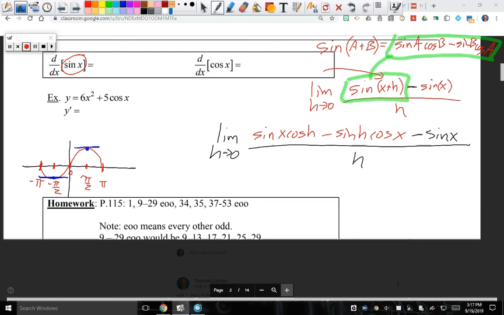So what I'm about to do is graph, on top of this, the locations of the derivative values. At negative pi over 2, the slope is 0. At positive pi over 2, the slope is 0. What is the derivative at 0? 1. So at 0, I'm going to put 1.